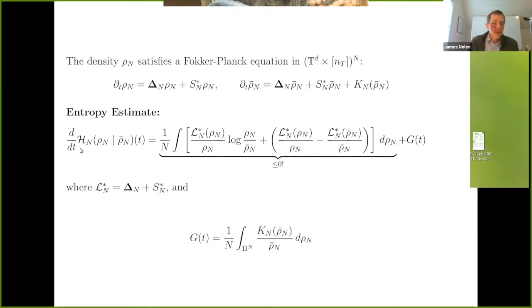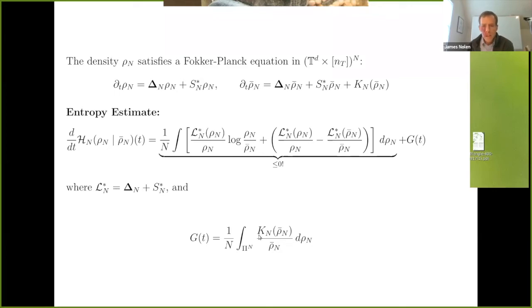So when you compute the relative entropy, part of the work is to show that you can take a derivative, and all these calculations are rigorous. One can compute a derivative and show that there's a part that's dissipative, that's always non-positive, and then there's a part that potentially could grow, and this growth is related to this nonlinear term k.